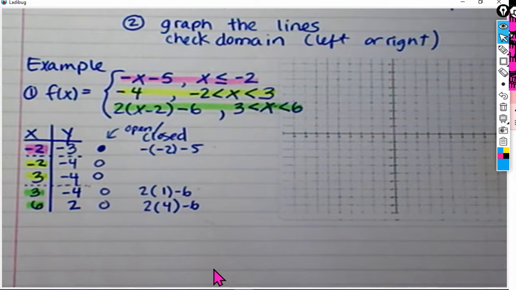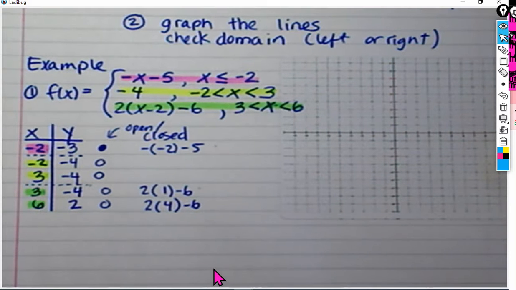Okay. We're going to graph one section at a time. I like to go left to right, but you can really do it in any order that you want. For open and closed, which side?